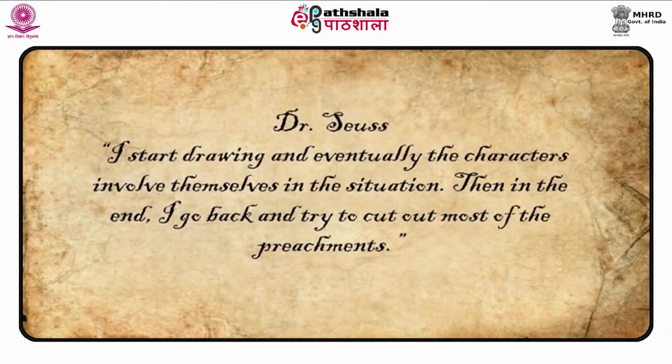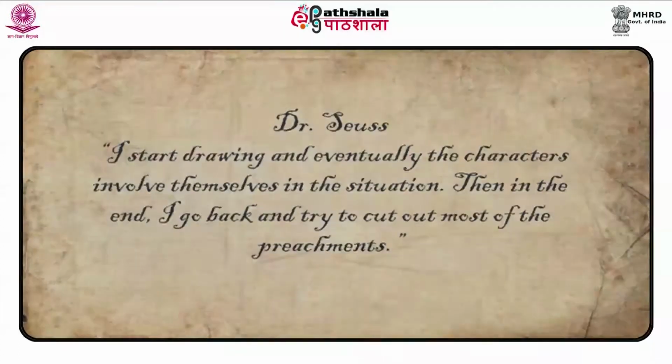Like Dr. Seuss said, I start drawing and eventually the characters involve themselves in a situation. Then in the end, I go back and try to cut out most of the preachments.